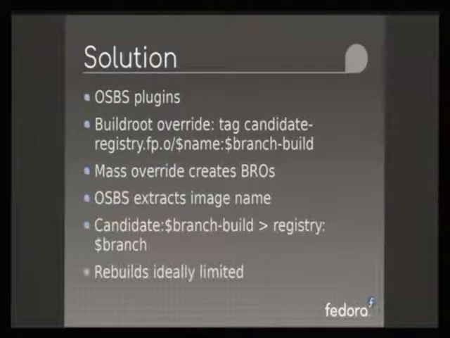So, as Randy explained to you, our build system is the OpenShift Build System, which has a bunch of plugins that it runs as part of the actual build to control things like pushing to the candidate registry.